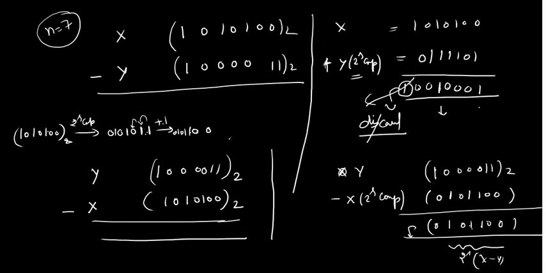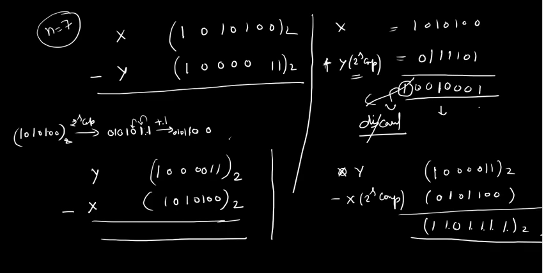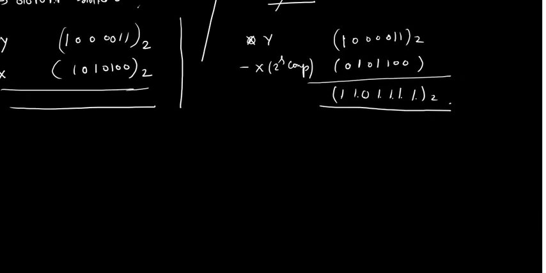So once we add it, we get 1, 1, 1, 1, 0, 1, 1, 1, 1, 0, 1, 1, 1, 1. As you can see, there is no carry. So next we have to take the 2's complement of the answer. So we take the 2's complement of this, then add it with 1.